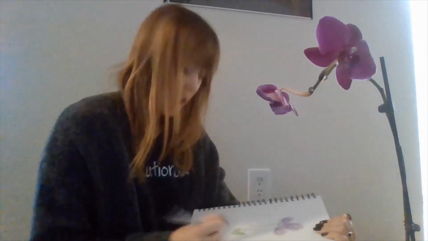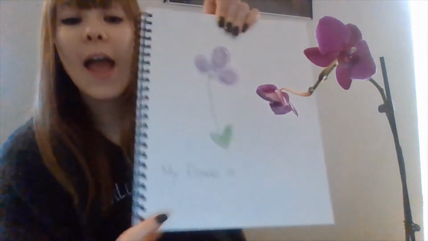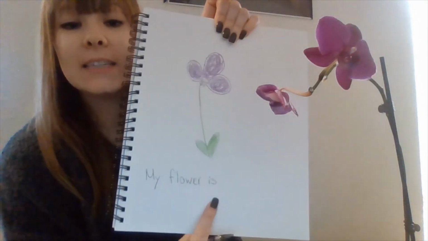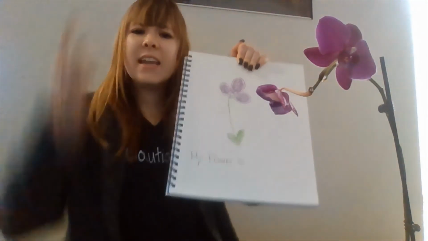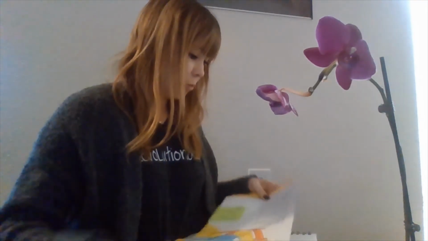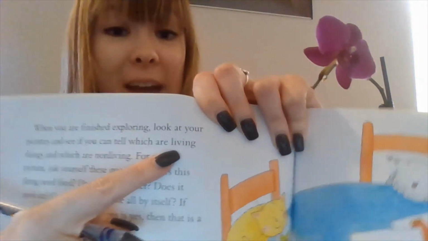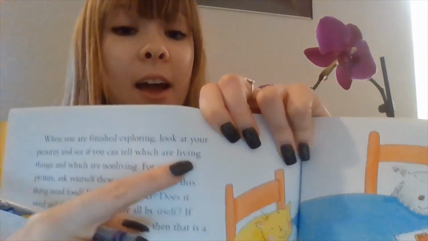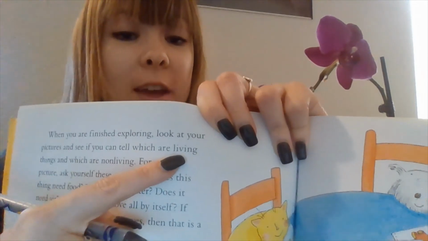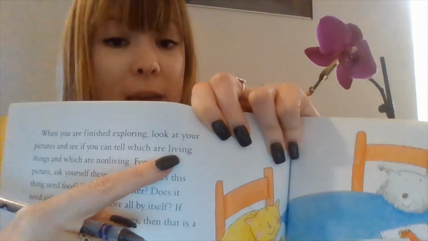Now, so far I have my flower is, but I need to know how to write the word living. I can go back to my text and find the word living in the text. Here it is. You can go back to this video and pause it on this screen so you can find the word living and copy it if you need to.